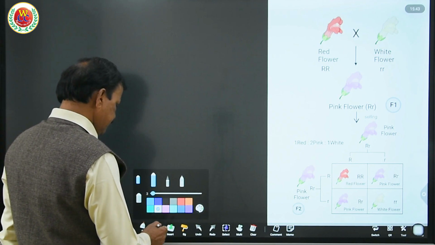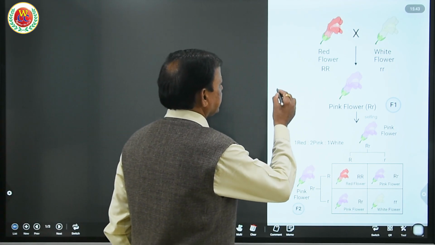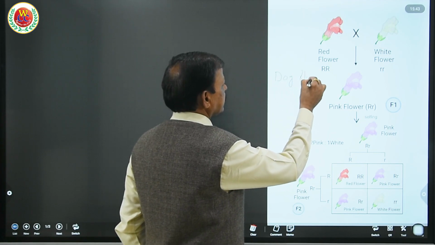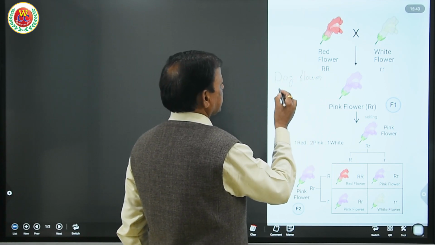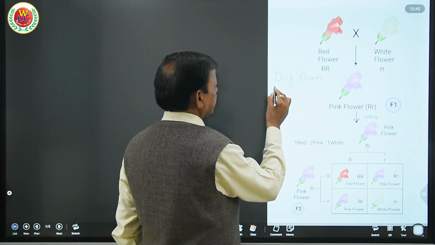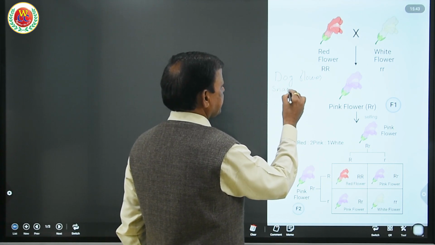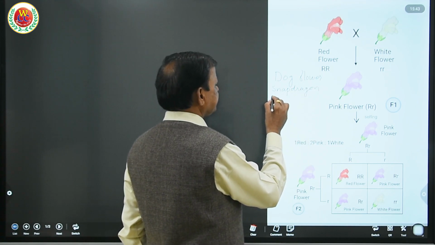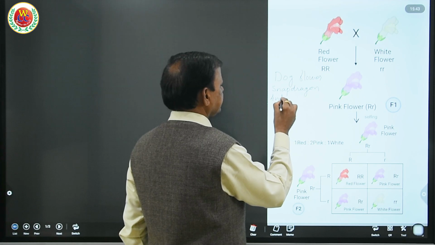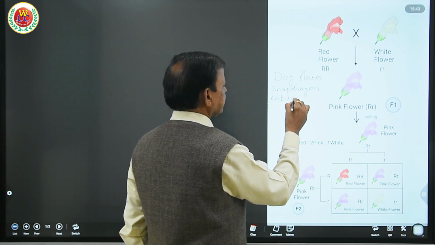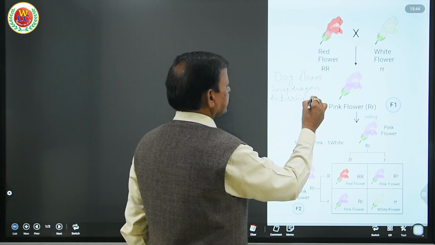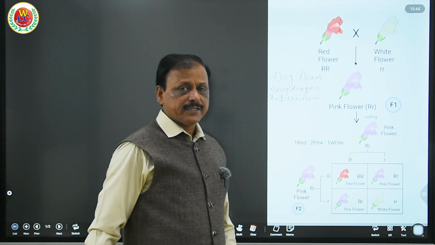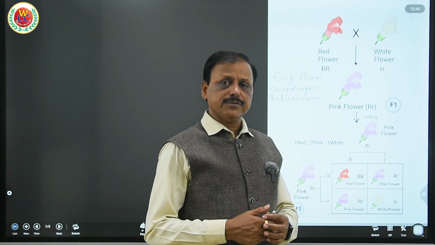It is also called snapdragon, also known as antirrhinum. These are the three names that can be used for this plant on which this experiment is carried out.